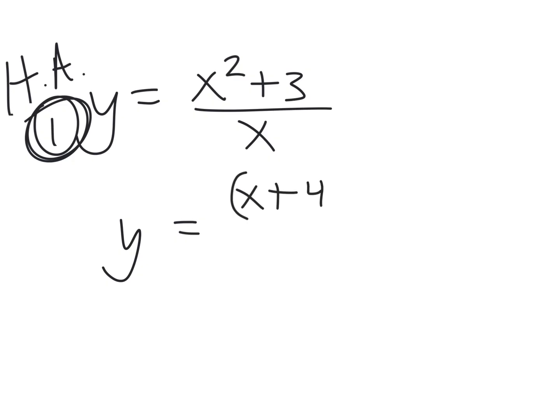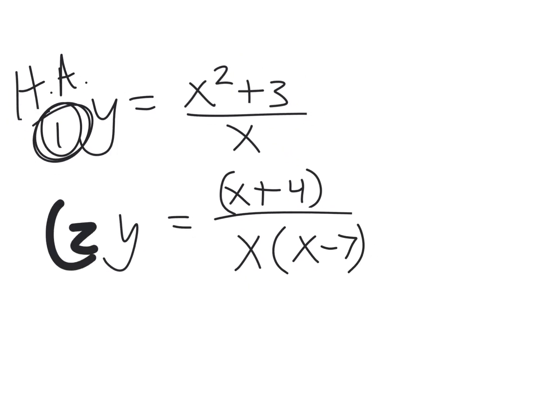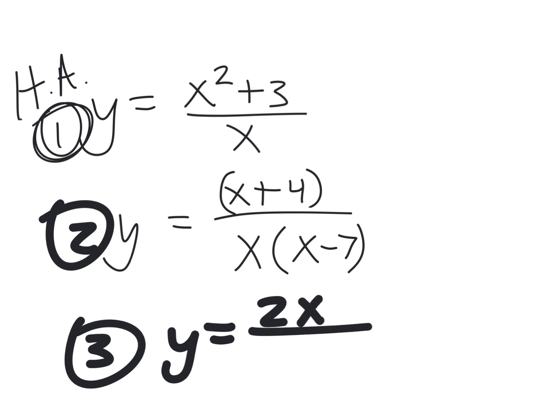Number 2, y equals (x plus 4) over x times (x minus 7). And the third question, y equals 2x over (x minus 8).